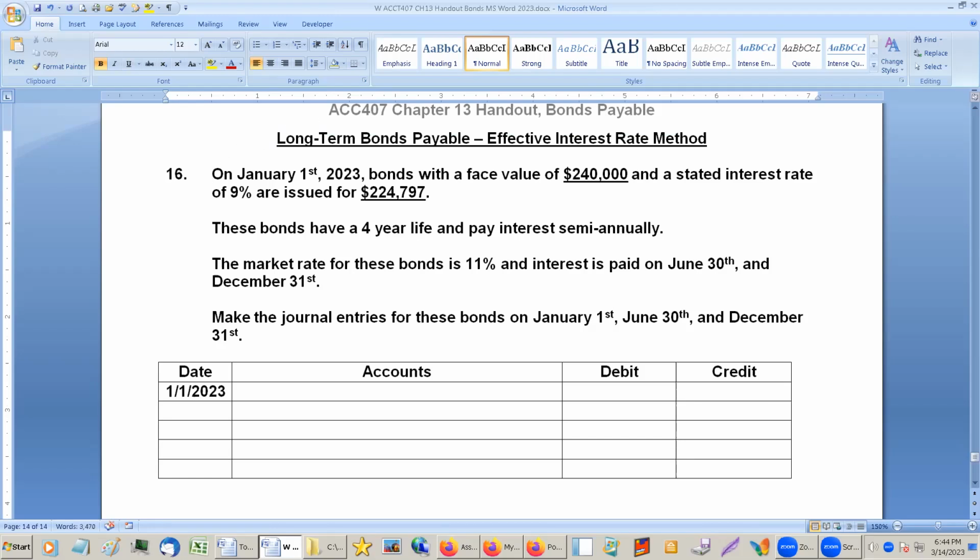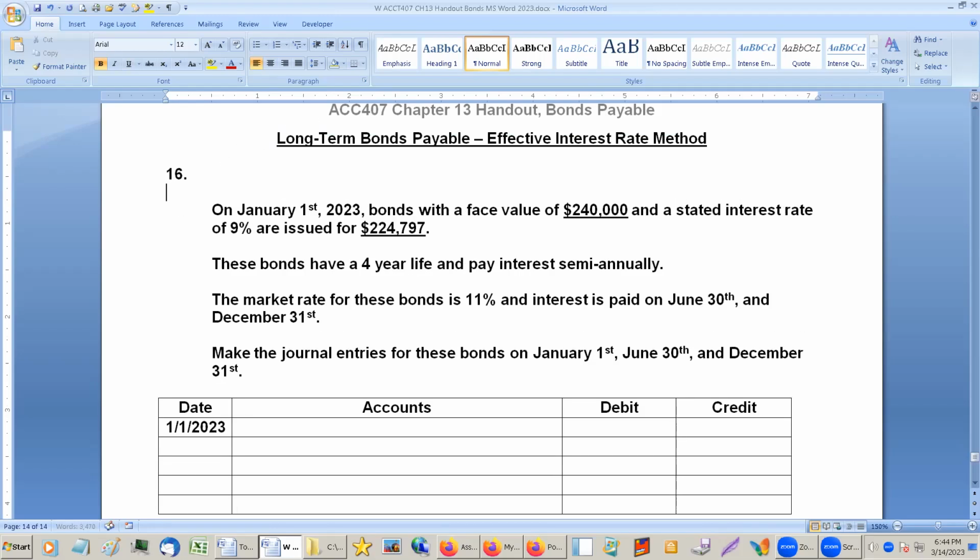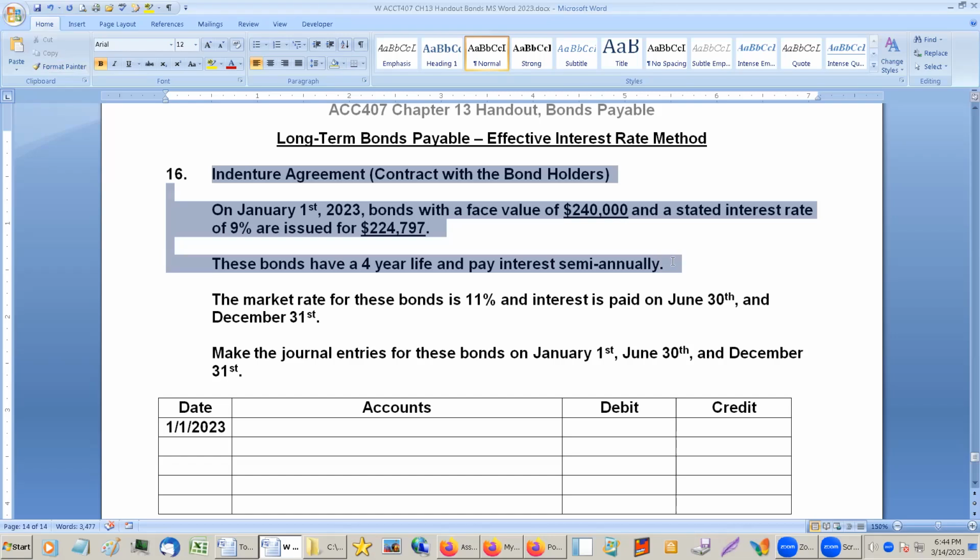So this is the indenture agreement. And this is sort of like the contract with bondholders. Bondholders is one word or two. Anyway. So this is the contract.